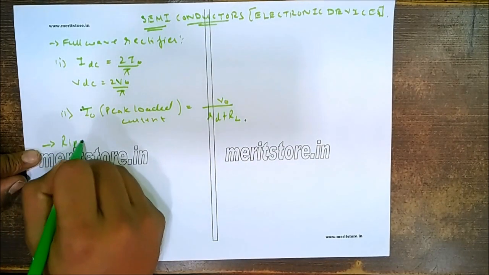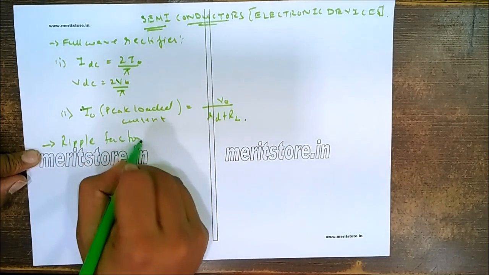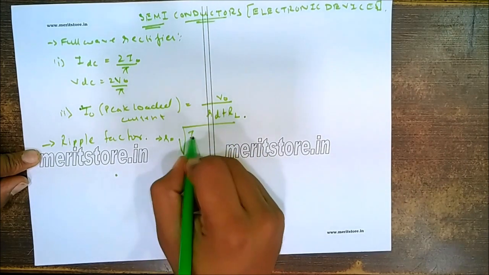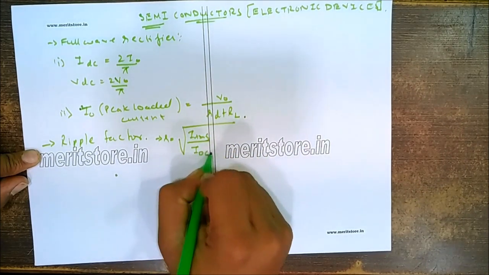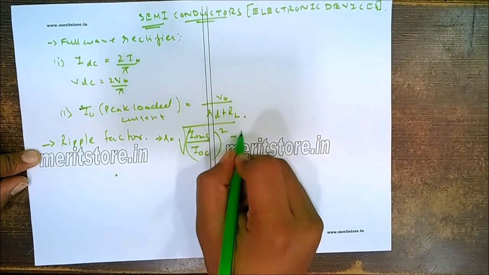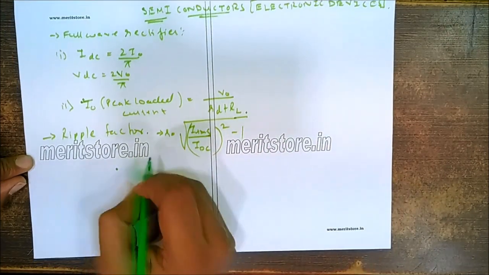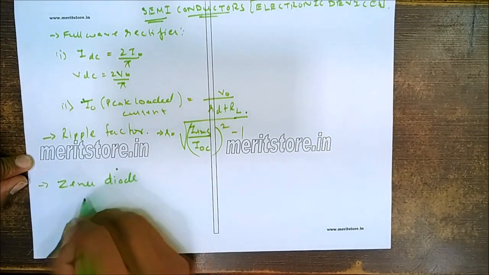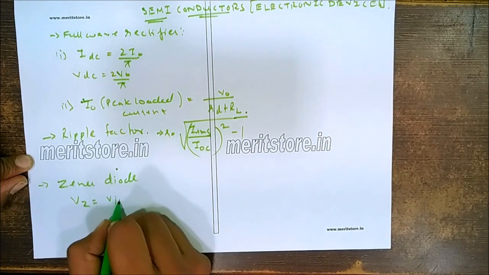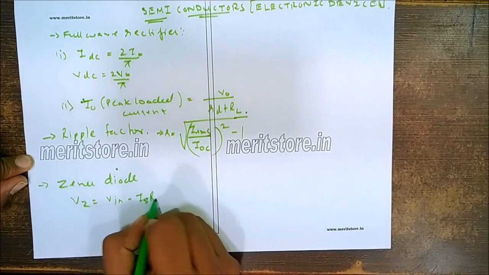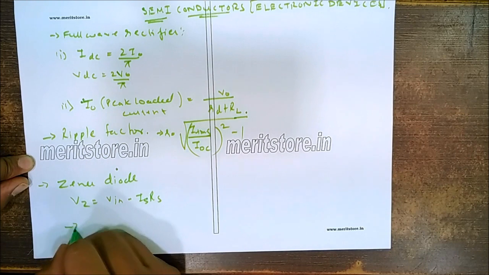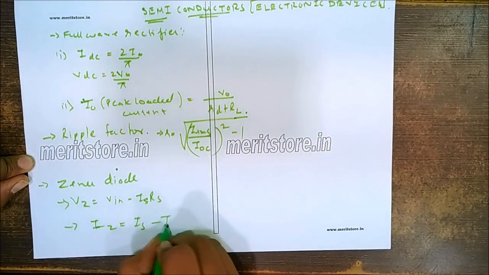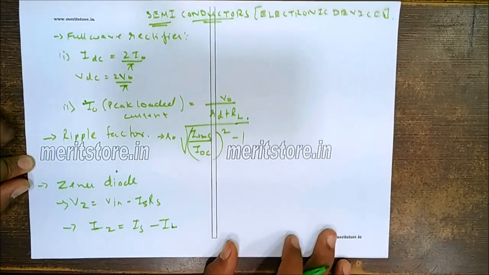Next is ripple factor, given as r is equal to root of (IRMS upon IDC) the whole square minus 1. Next is Zener diode. So voltage of Zener diode is given as V input minus IS into RS. The next is current, given as IS minus IL.